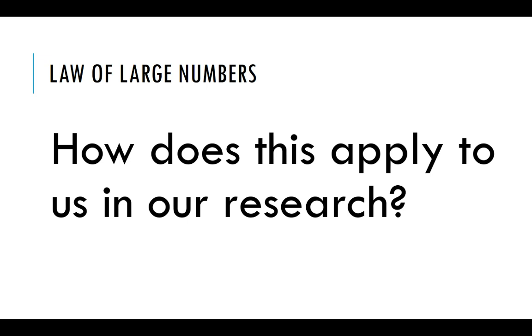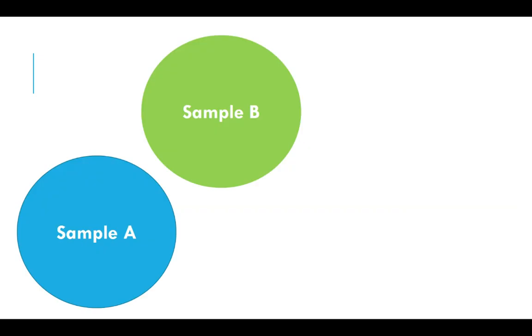So how does this apply to us as analysts, as researchers, or people that might want to be involved in research? Well, one thing we have to think about is the idea of sampling. So let's think about our samples, A and B. When we think about sampling, we need to be thinking about the law of large numbers when we decide how to design our research when it comes to data collection.